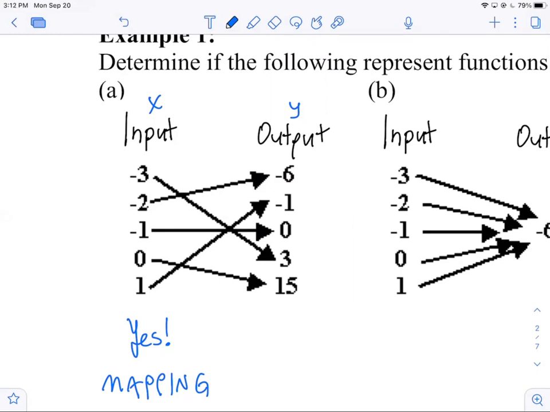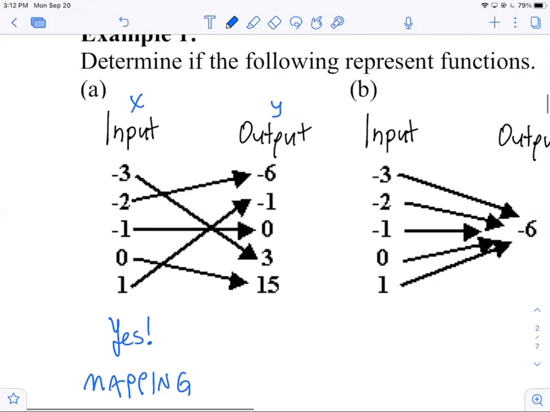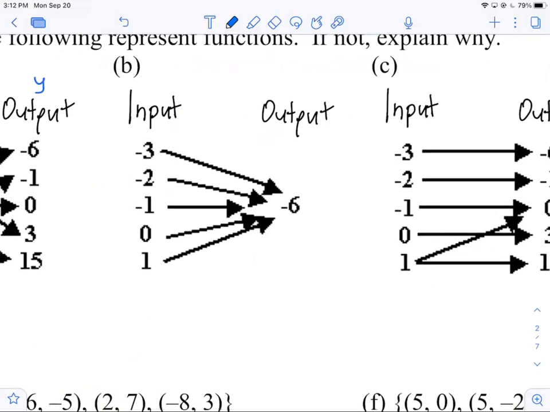The numbers on the right only have one arrow going to them. If they were to have two arrows going to them, that wouldn't work. Hold that thought. Let's come over to B.